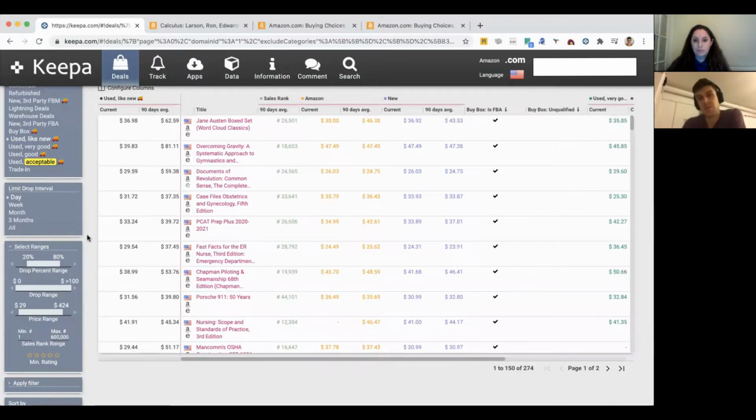Keepa costs about $20 to $22 a month, and your professional selling account is $40. Then you buy, say, $900 worth of stock. If you're buying books for, say, $20, you'd be able to buy 40 books. Send your first shipment in with the rest of the money to pay your prep company, and then you've got your first shipment.